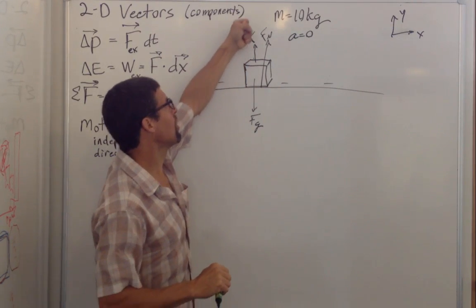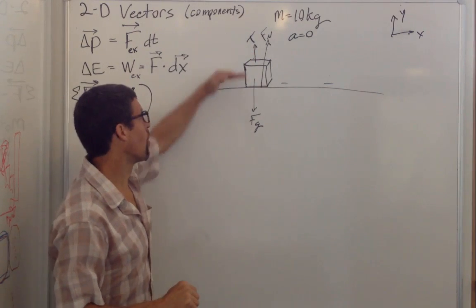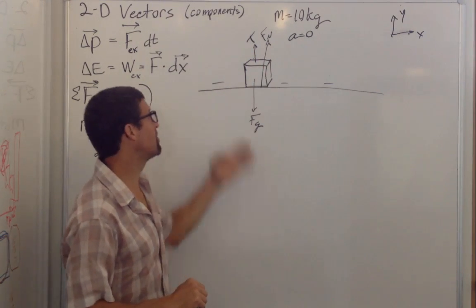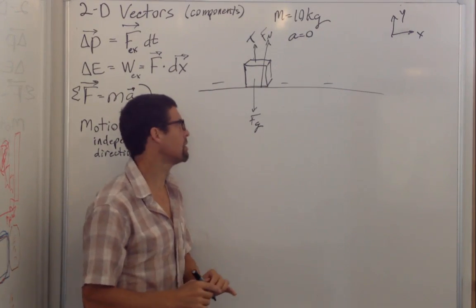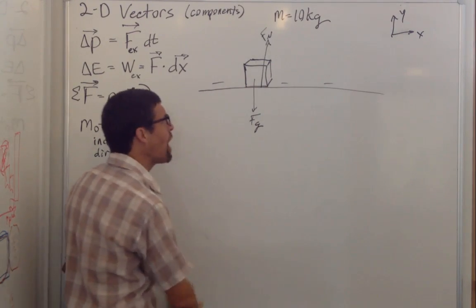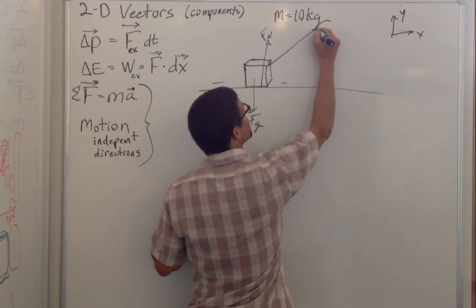The harder I pull upwards, the smaller the normal force needs to be in order to be in equilibrium. And we see that if I pull up on someone standing on a scale, the reading on the scale goes down. So what happens if I pull at some angle in this direction?